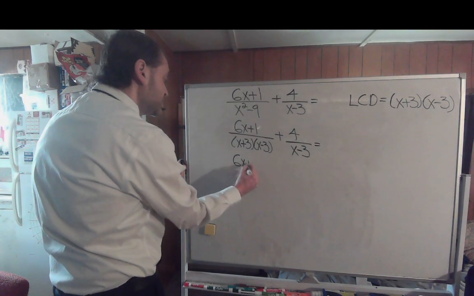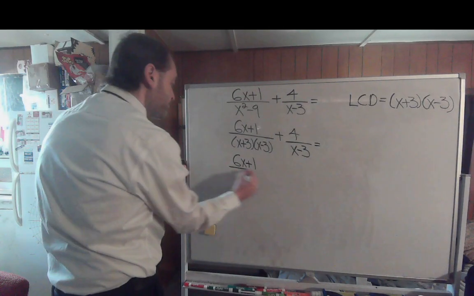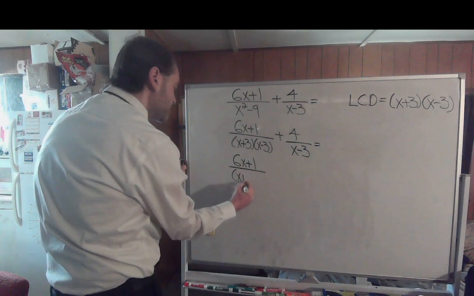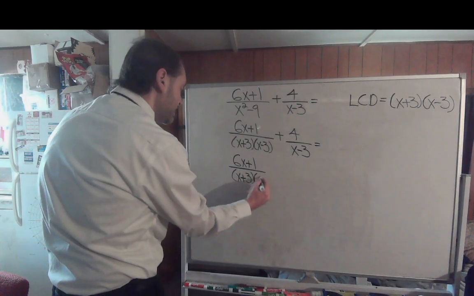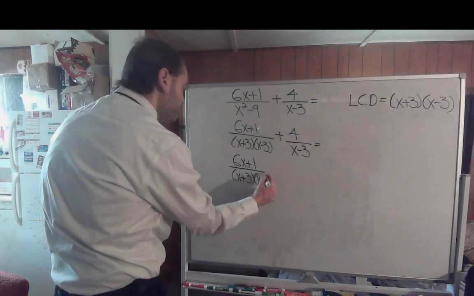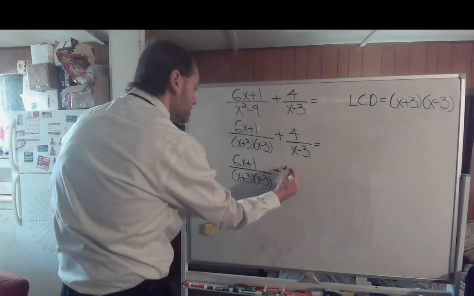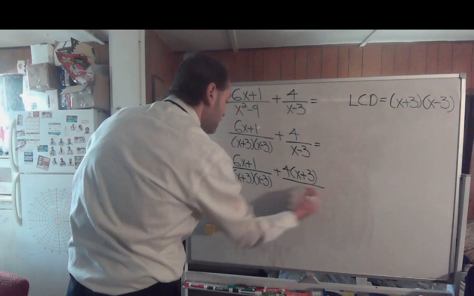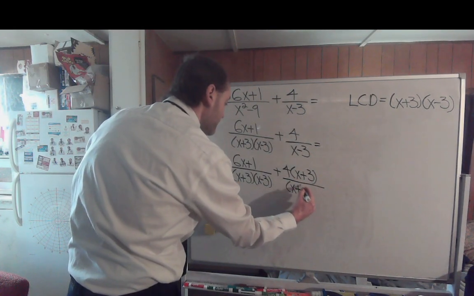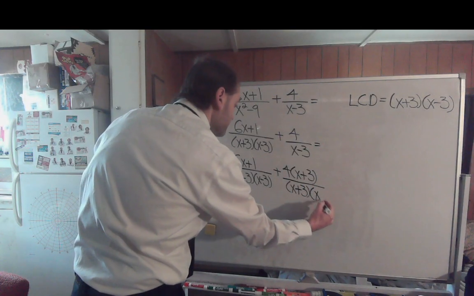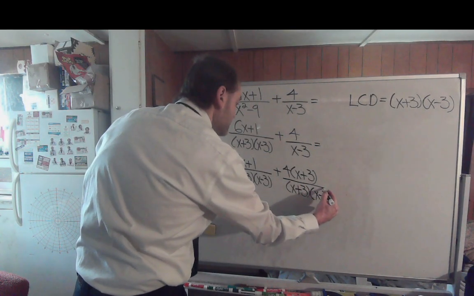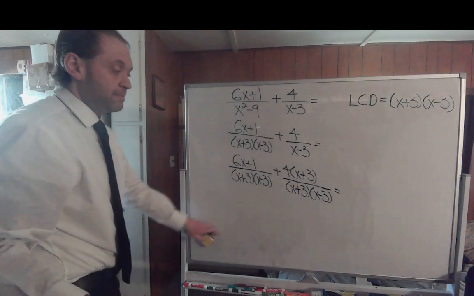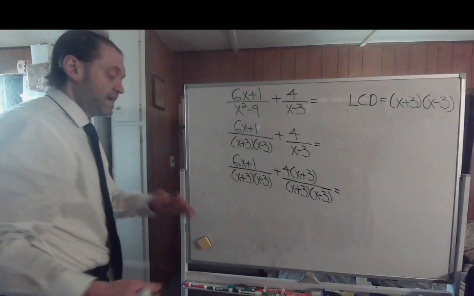So you'd have 6x plus 1 all over x plus 3 times x minus 3 plus 4 times the quantity of x plus 3 all over x plus 3 times the quantity of x minus 3. Now you have your least common denominator on both terms. We can proceed to add this.